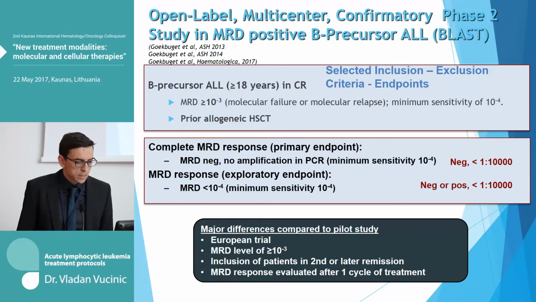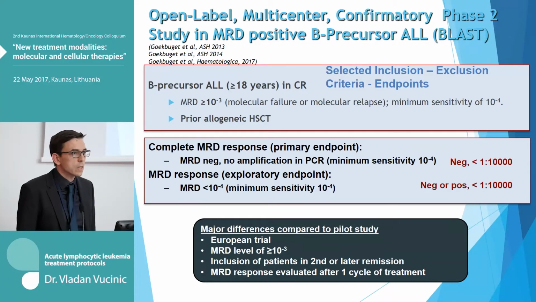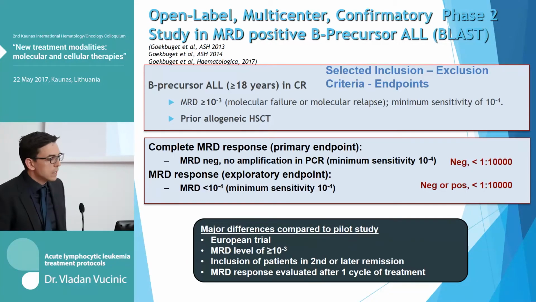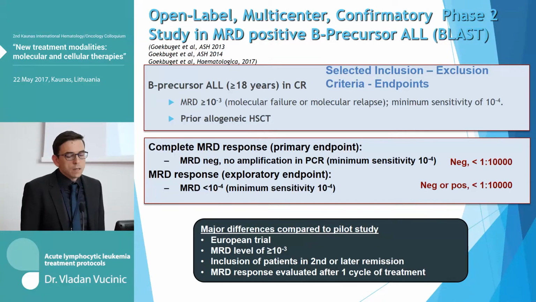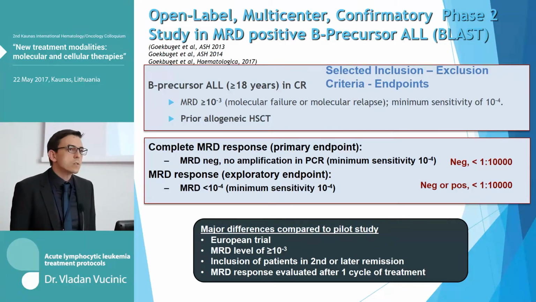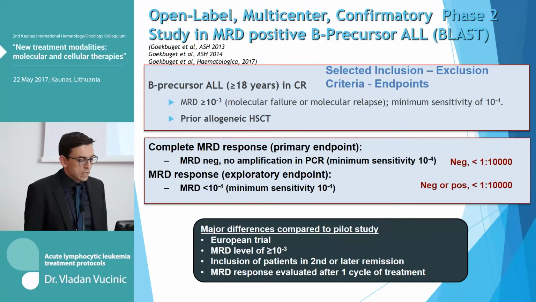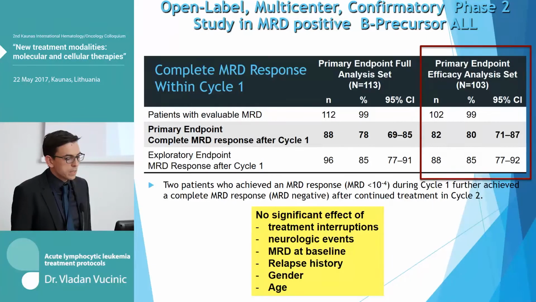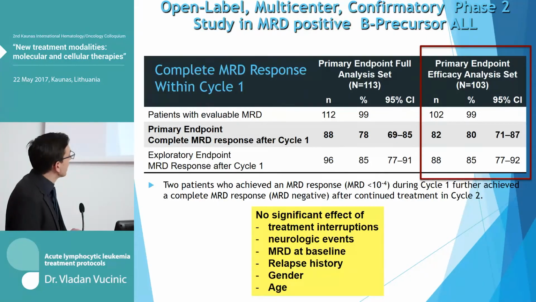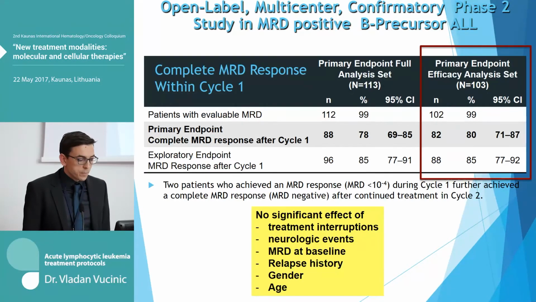And in the BLAST study, which we in University Leipzig also took part in, it was a European study for treatment of patients who were positive on molecular level, but in a complete hematological remission. We gave blinatumomab, and we showed that we could achieve a complete molecular remission.